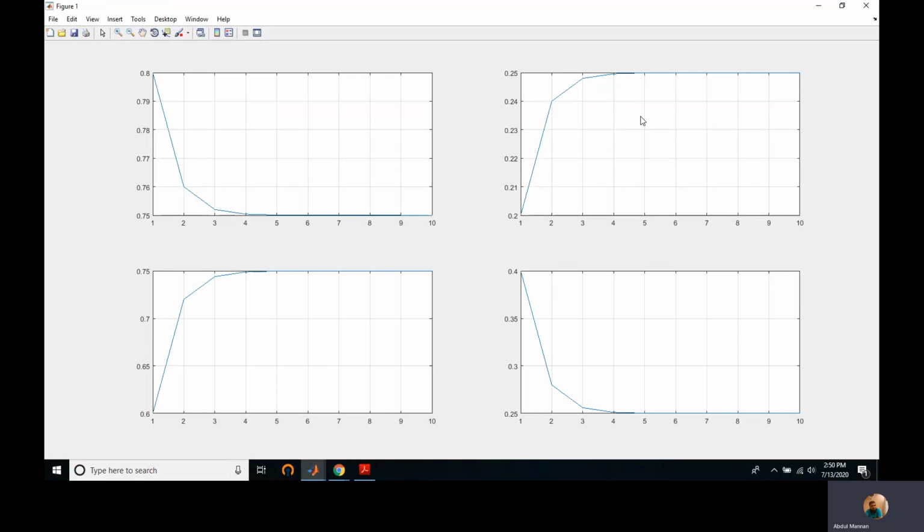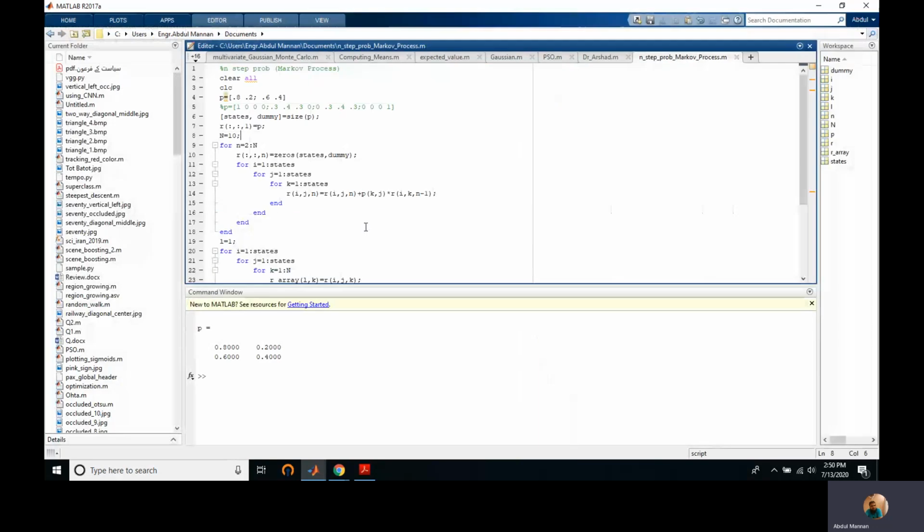R12 settles down to 0.25. R21 increases and settles to 0.75, and R22 settles. So the steady state probabilities in Markov chains tend to settle as the time n increases.